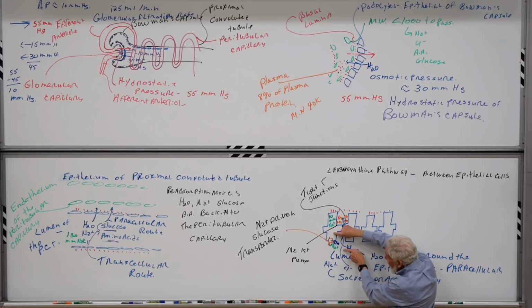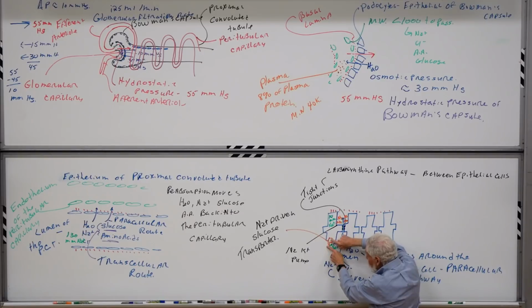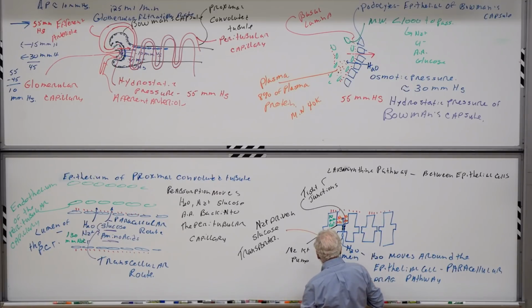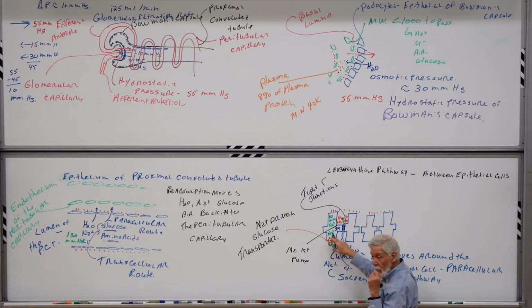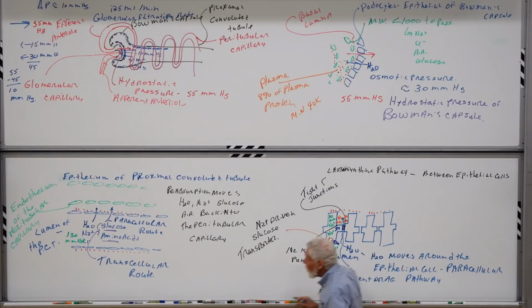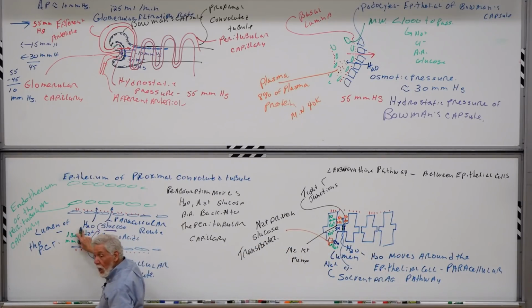This transporter effectively turns kind of inside out. And what it does then is it deposits an ion of sodium on the inside, and it deposits a molecule of glucose in the cytoplasm. So now we've moved the glucose from the luminal side into the cell.